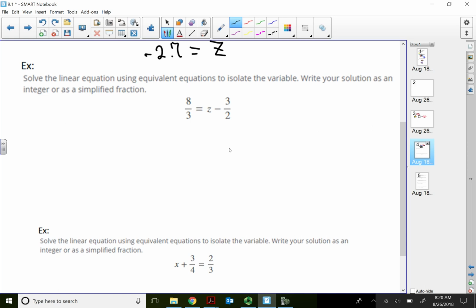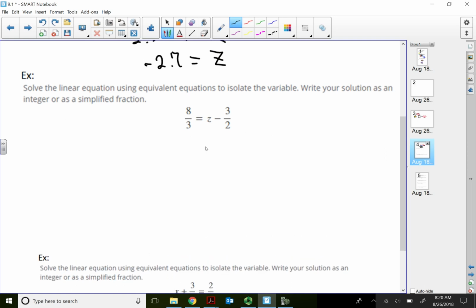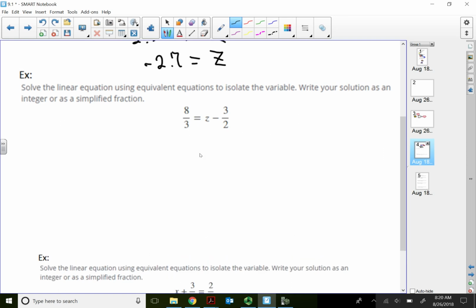Working with the fractions means we can do the operations by hand involving fractions, or we can simply enter these fractions in the calculator. So I'm going to show you how to do this by hand first, just to refresh your memory a little bit.